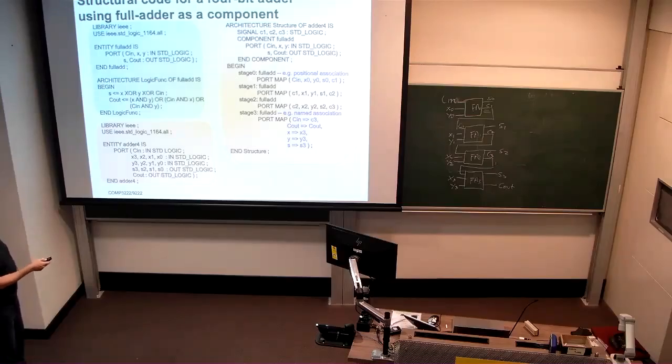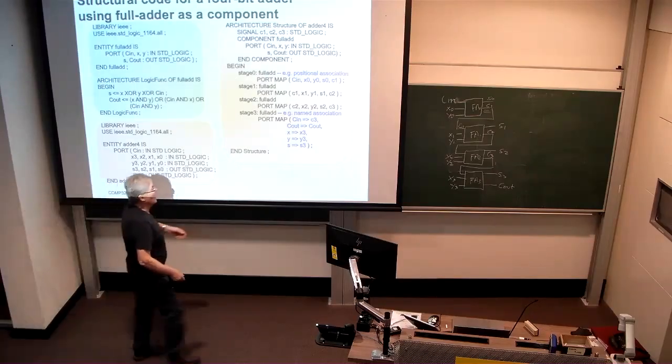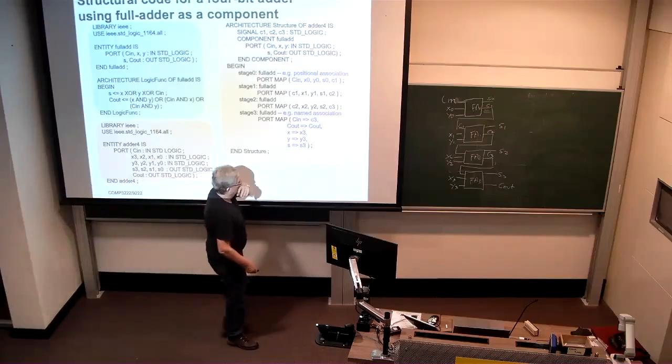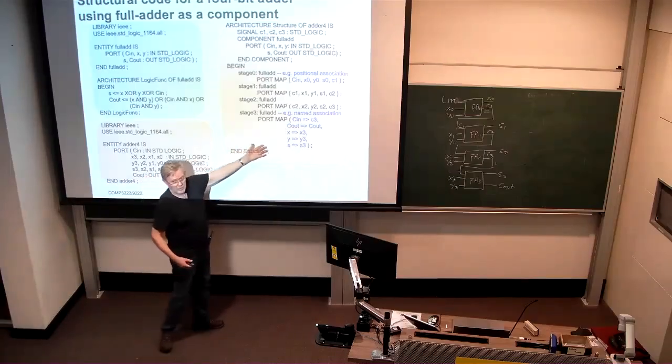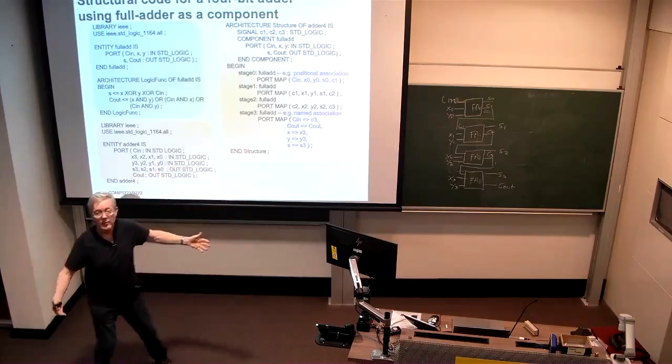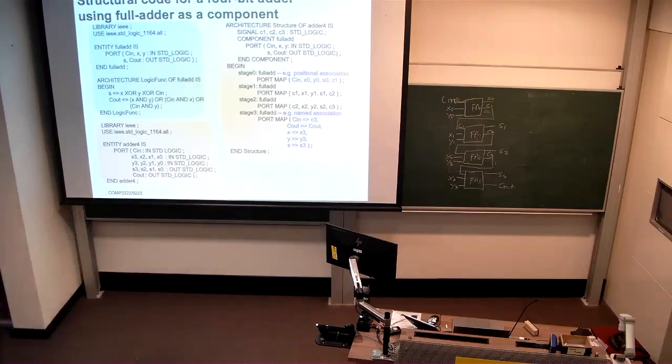But there's also this so-called named association, where on the left we have just the names that were provided for our component, and on the right we can associate which port we want to associate with it, whereby the order in which you list the ports can be arbitrary. You don't need to know what order they are in the component.